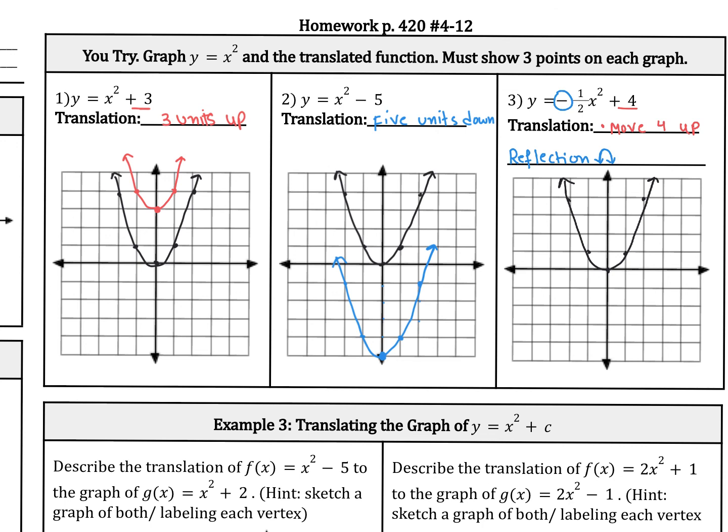And then the next thing is 1/2, which means the graph is wider by 1/2. So it's going to move up 1, 2, 3, 4 units. And then the next point, instead of (1, 1), is going to be (1, 1/2). Instead of (2, 4), this is going to be (2, 2). And it's upside down because it has a negative in front.